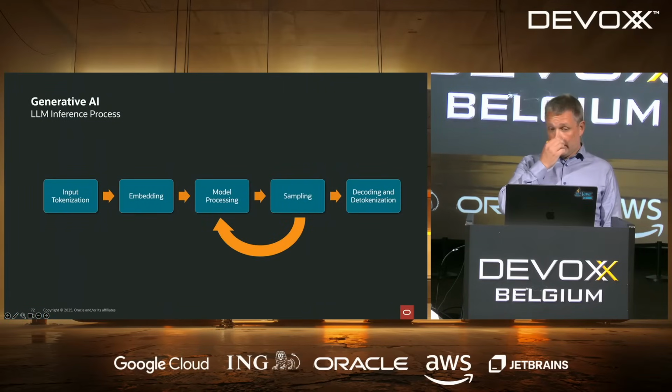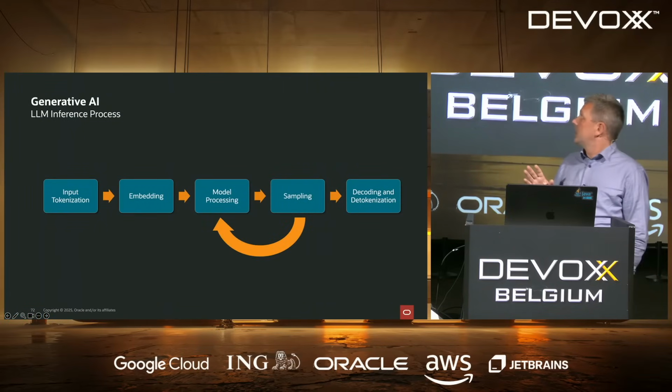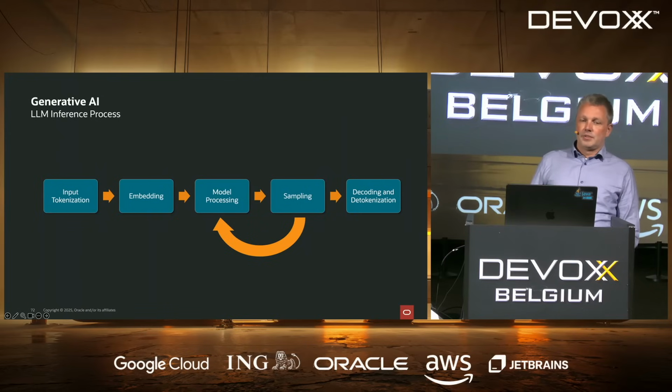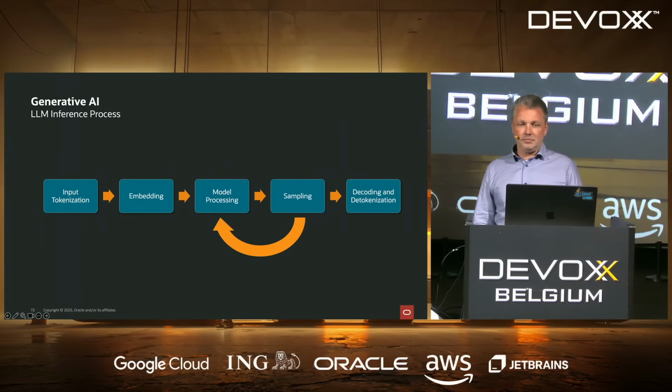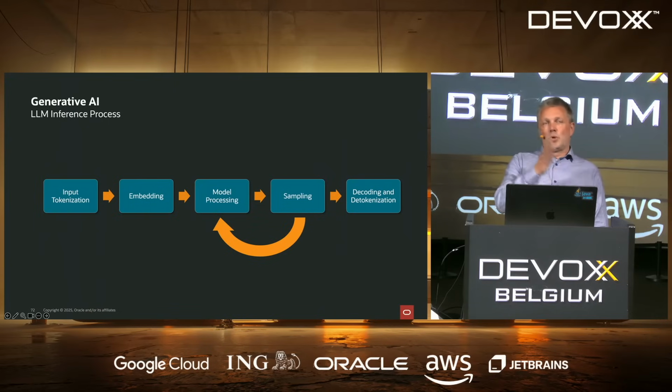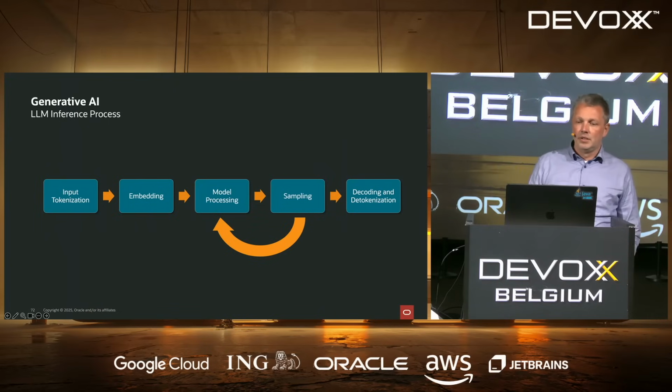But first, I don't know how many of you are aware of how the LLM inference process works. Yeah, I had to learn it by myself as well. So if you prompt some AI, the user input is first tokenized.